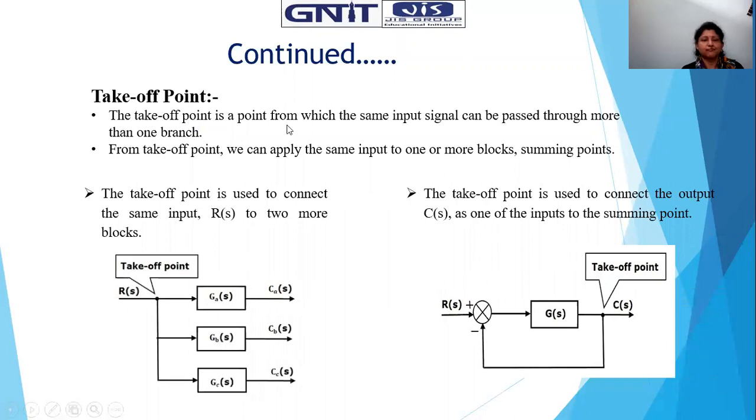What is the takeoff point? A takeoff point is a point from which the same signal branches off towards different blocks of the system. From the takeoff point, we can apply the same input to more than one branch, to one or more blocks, which are the subsystems involved.